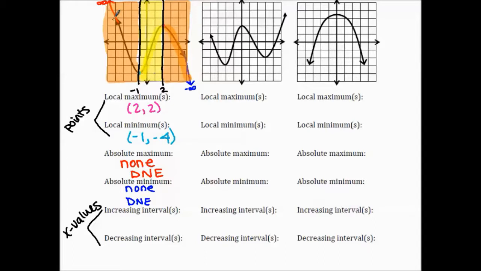And on this side of the graph, if we're looking at the domain, this will continue going all the way over to negative infinity. This side will continue going over to positive infinity. So between negative infinity and -1, the graph is decreasing.